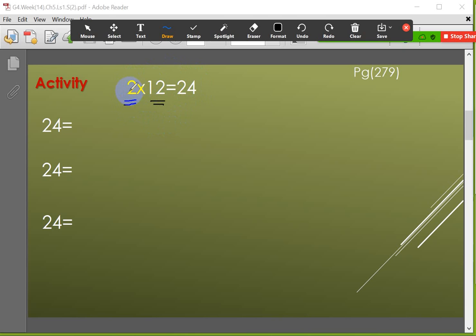Try to multiply 2 by 12 as we learned in multiplication. Using regrouping, 2 times 2 equals 4. 2 times 1 equals 2. So look, there are 2 factors here for 24, 2 and 12. So those are the first factors.